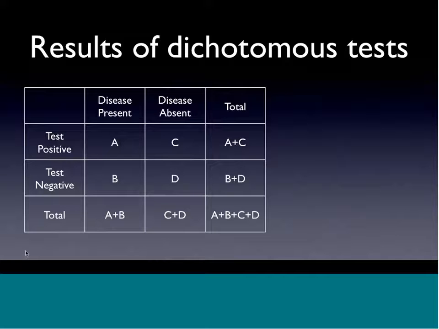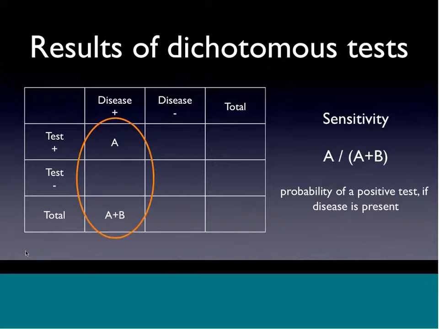I almost always create a 2-by-2 table when I see sensitivity and specificity reported, and I created it in this particular way. I put disease present and absent in the columns, and I put test positive and test negative as rows. And by doing that in the same way always, now I can always automatically build my numbers. So here is sensitivity.